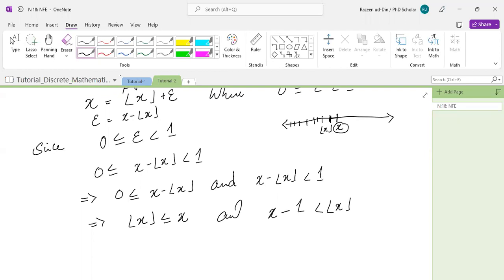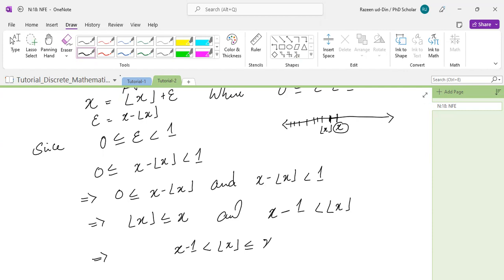Okay, so by combining these two, this implies that x minus 1 is strictly less than floor of x, and x is greater than or equal to the floor of x too, right?